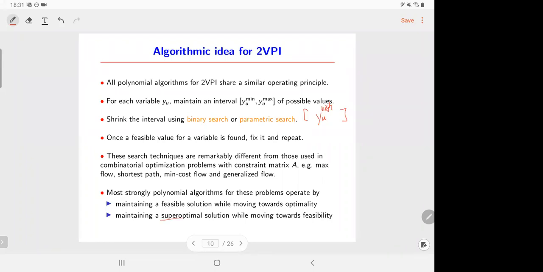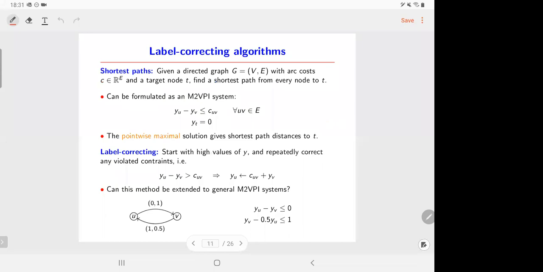An important class of algorithms in this second class are so-called label correcting algorithms. Label correcting is best illustrated on the shortest path problem. Given a directed graph with arc costs C and a target node T, we want to find the shortest path tree to T. Now this problem is actually a special case of monotone 2VPI systems because it can be formulated using these constraints.